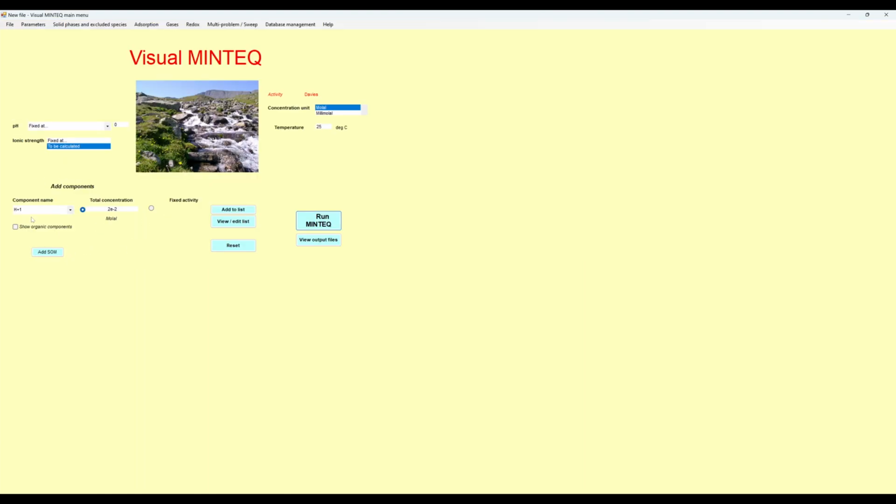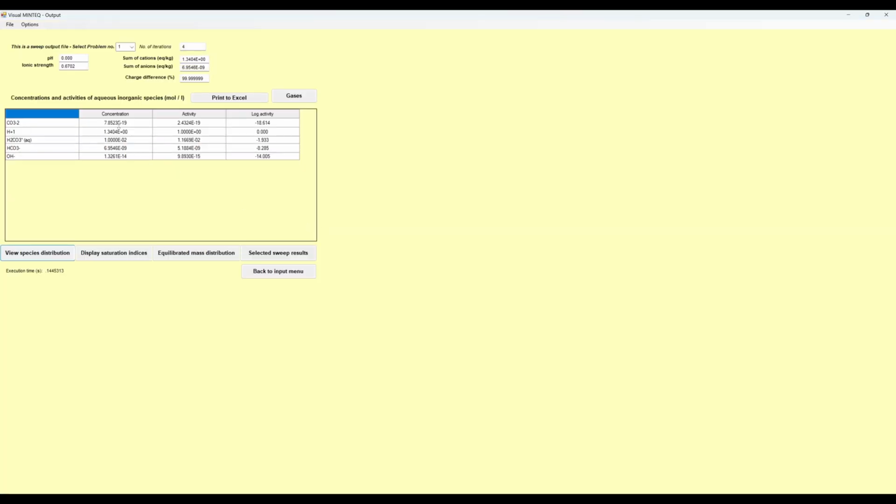Again, we already entered the values, the total concentration. We just need to run. But this time, it's a little bit different. The table is actually the same, but here you have the number of iterations that you selected, starting from point 1 to point 14. So the first point, the 14th point. And in all the points, it's setting the pH at these values and then calculating the rest.